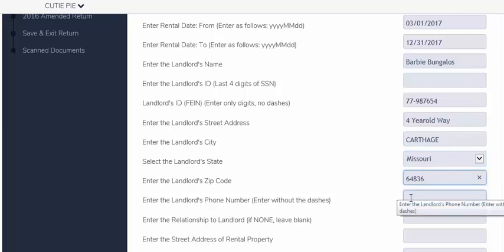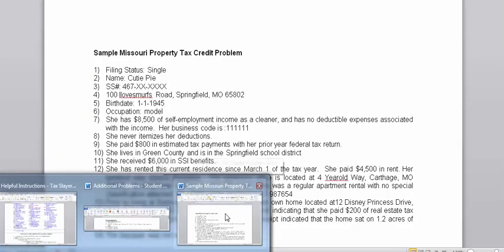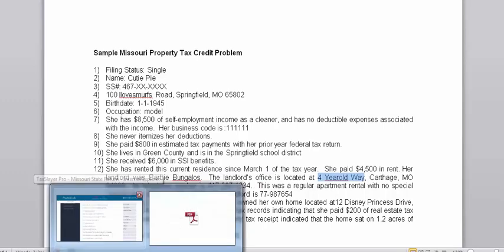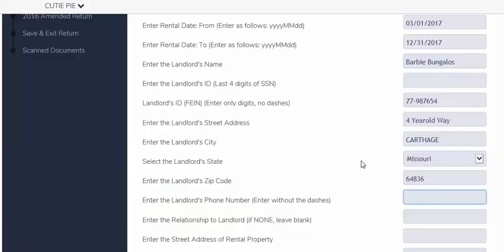Enter the landlord's telephone number, and that was 417-287-1234. And it asks you to enter without the dashes, so that's what we did.